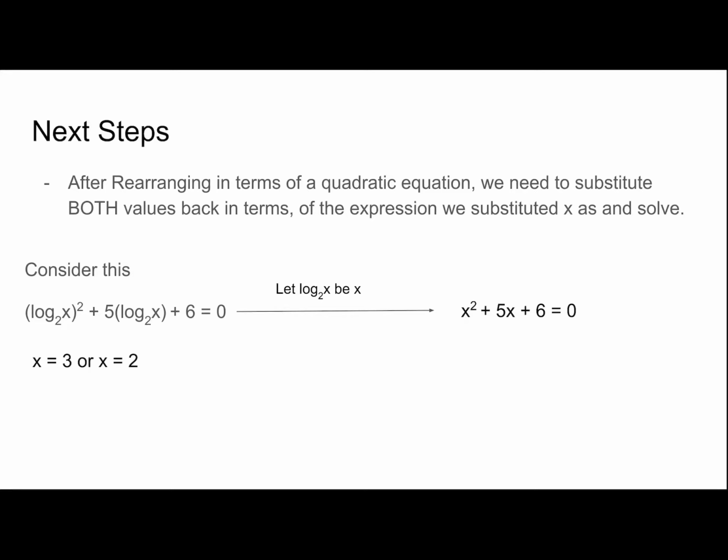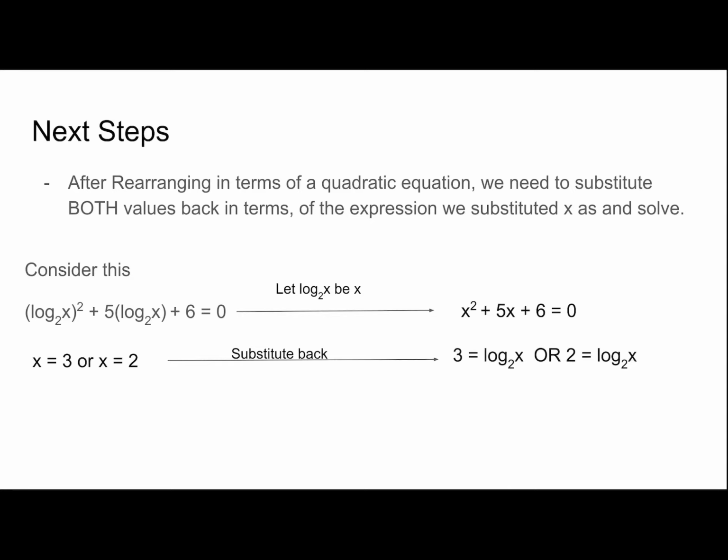Okay, really key thing here is we can't stop here, okay? It's because we need to substitute 3 and 2 back into the term we substituted as x. So we let log base 2x be x. So we need to substitute back, okay? So basically we can say 3 equals to log base 2x, or 2 equals to log base 2x.